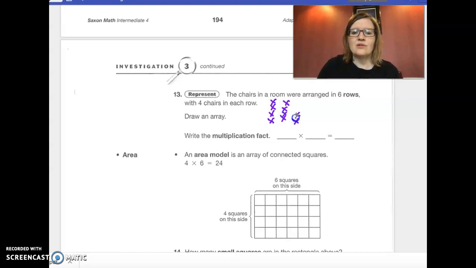Okay, guys. I'm going to just scratch this out. 2, 3, 4.